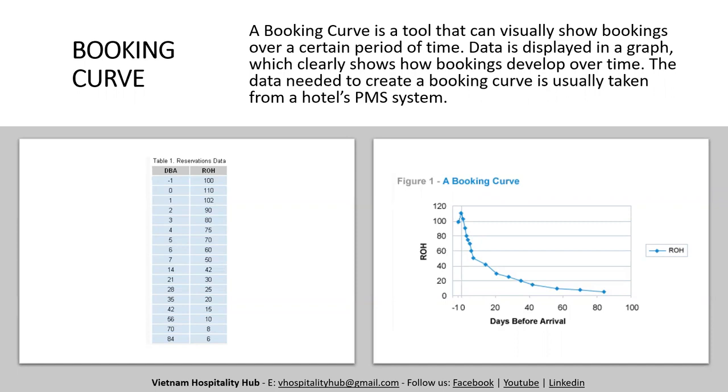Is that a link we can feel? Yeah, correct. If you understand the booking curve, you will know where we are now. Let's say we are still 50 or 60 days ahead, and we don't see any booking come, so it's fine. It's going to be full, it's going to be high. Just wait until the time.